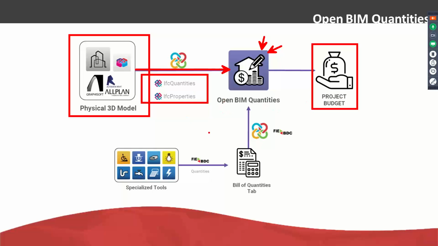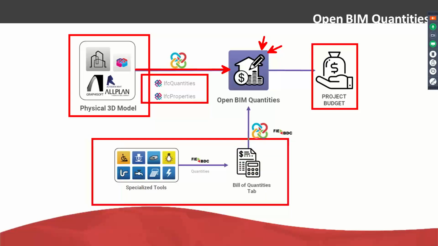Here, we are able to import the bill of quantities generated by all the different applications which we can find in BIM Server. These different applications have a specific tab in order to create the quantities of this area. So we can import and merge the whole budget in Open BIM Quantities.